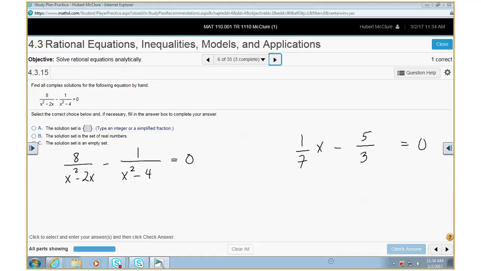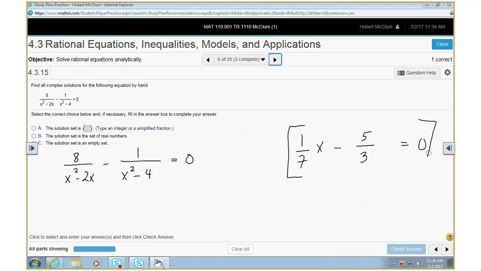These are the same type problems. Okay? You've got to find a common denominator to multiply through by. Well, if the denominators have nothing in common, like 7 and 3, what do you multiply through by? 21.